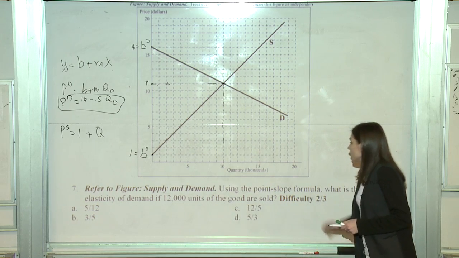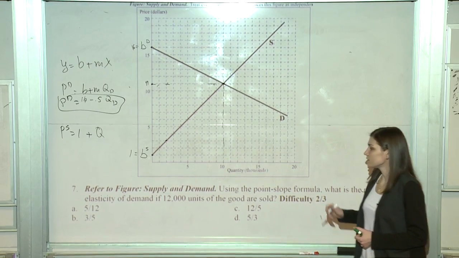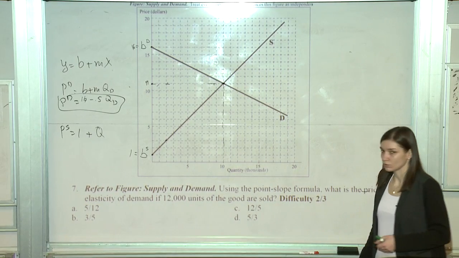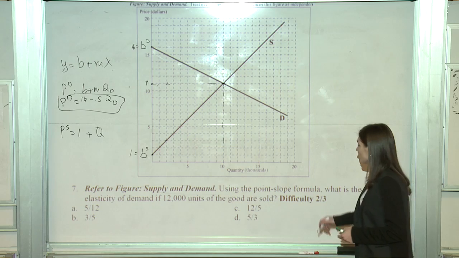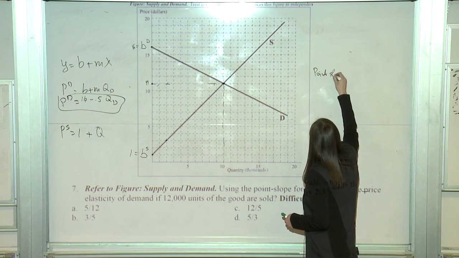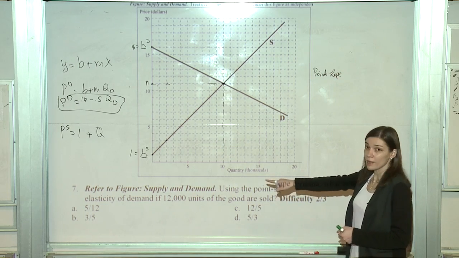All right. Using the point slope formula, what is the price elasticity of demand if 12,000 units of the good are sold? Okay. Now we know the point slope formula, and we're looking for that for demand elasticity.